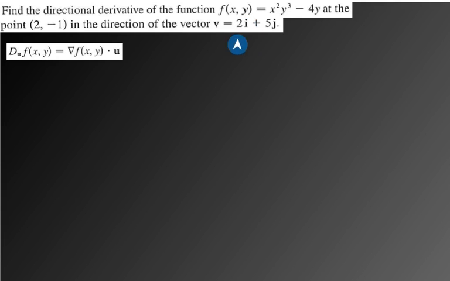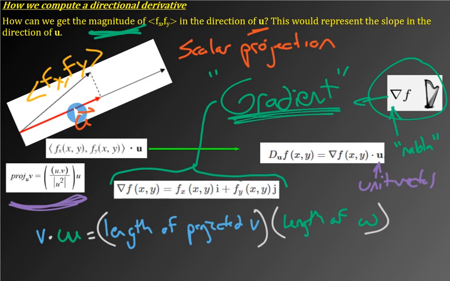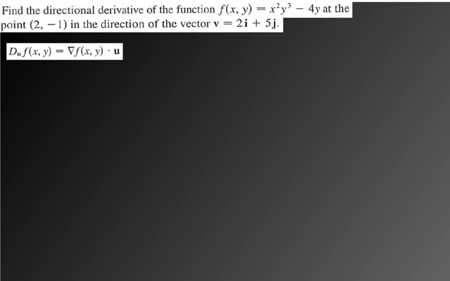You want to dot it with a unit vector just purely to get it to point in the right direction.